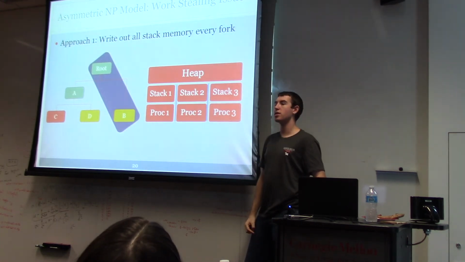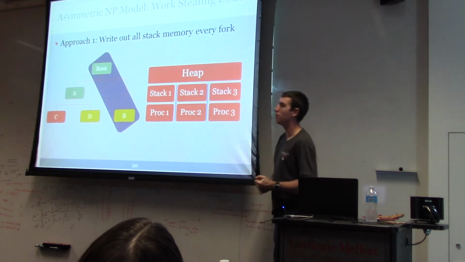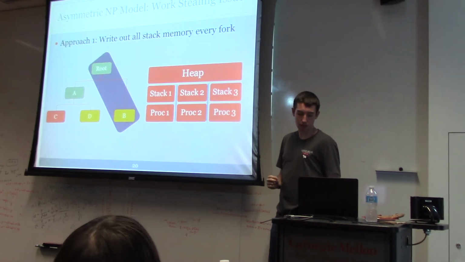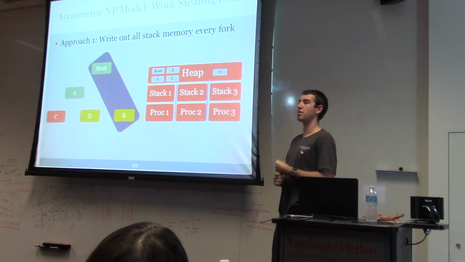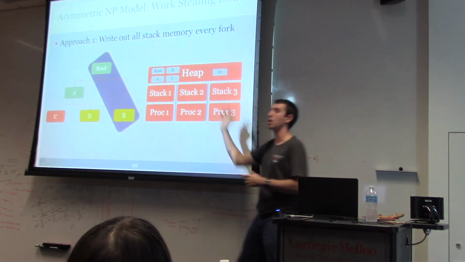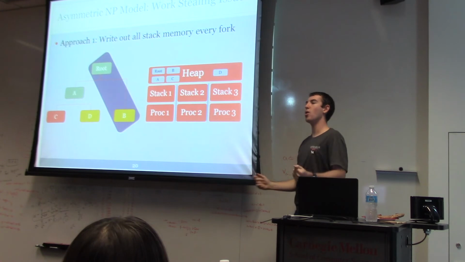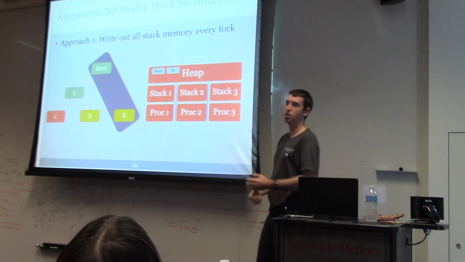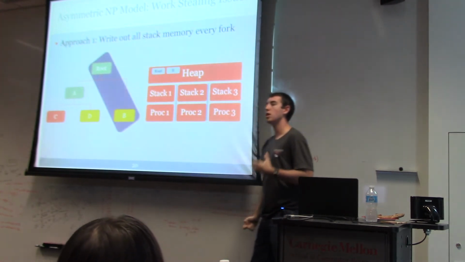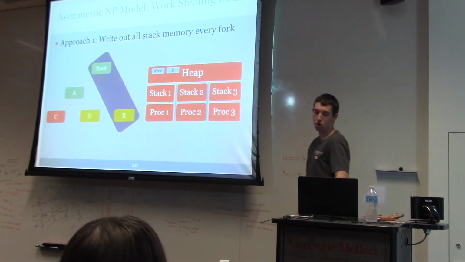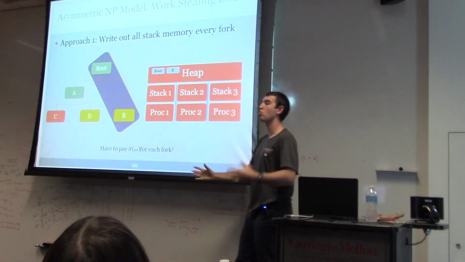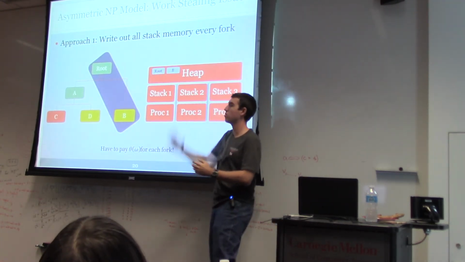Processor 2 comes along and steals B. In this situation, you've written everything out to the heap, so you have the stack memory for root, A, B, C, and D. It turns out you don't want all of that. What you really want is the stack memory for root and B in the heap. With this naive approach, you have to pay a cost of omega for each fork because you're writing out a stack frame to the heap.